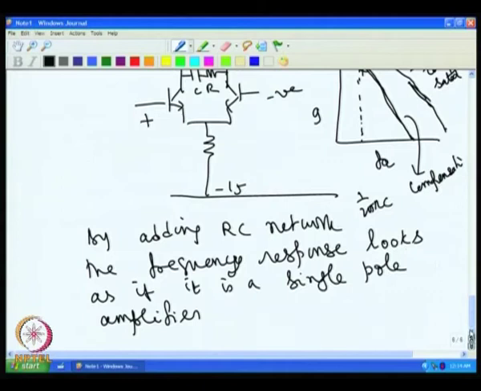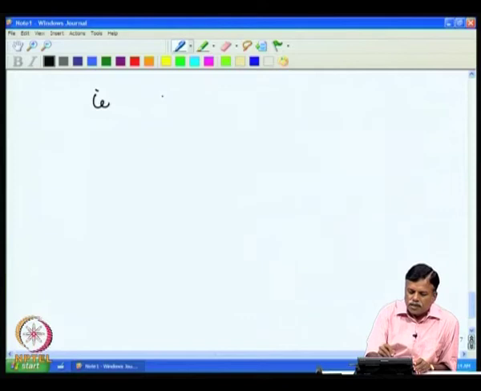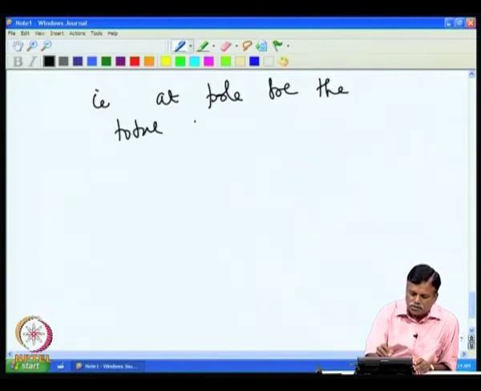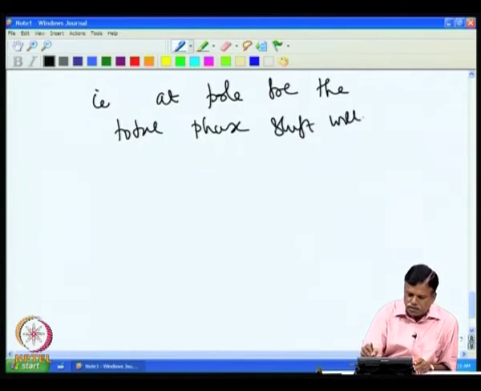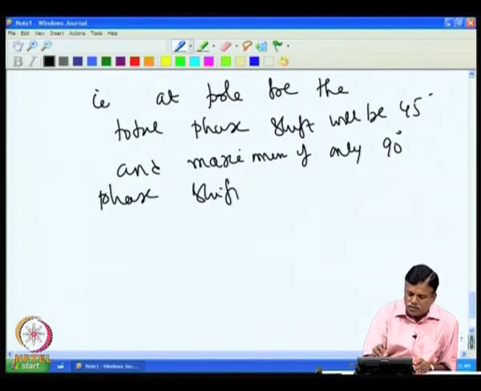Now, at the pole frequency, the total phase shift will be 45 degrees, and a maximum of only 90 degrees phase shift is possible.